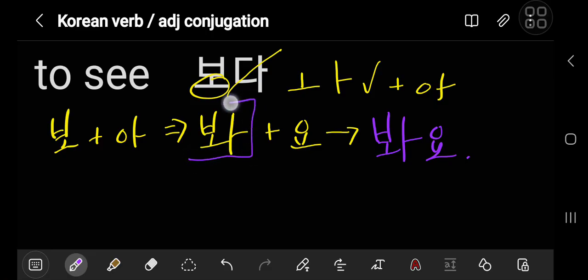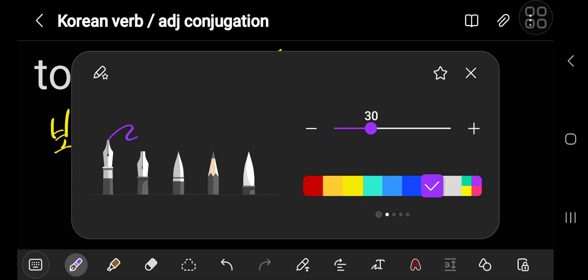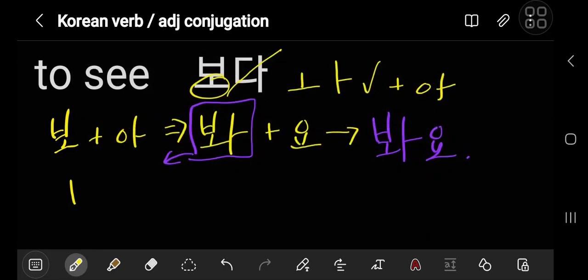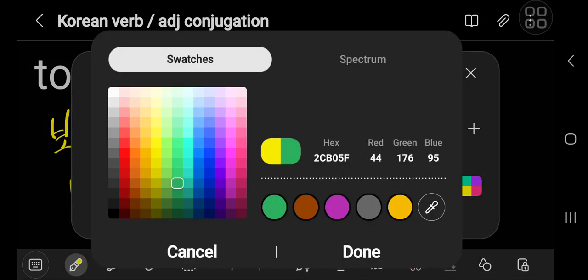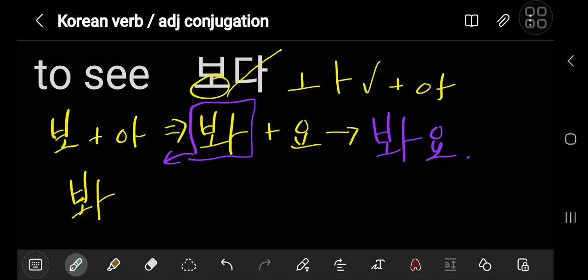Okay, so we take the conjugated form to go to our past tense. Let's go. So we got 봐, and then for our past tense, what do we need? Yeah, you're right. We need the bottom 상시옷, the two 시옷, and then we need our o, and then for formality, we need our yo.